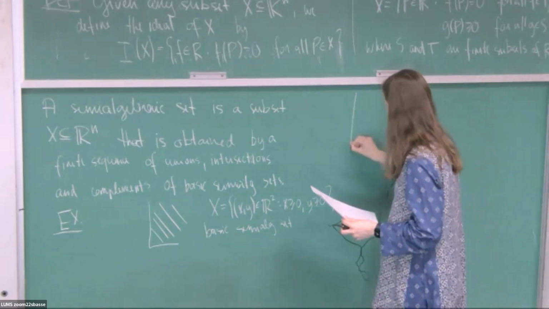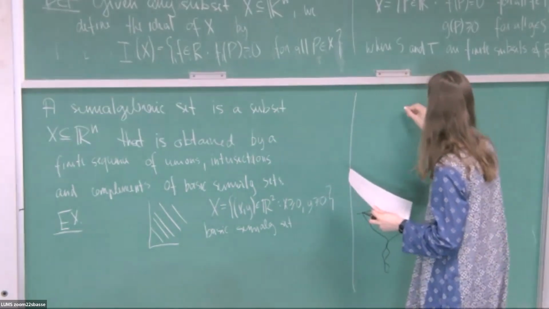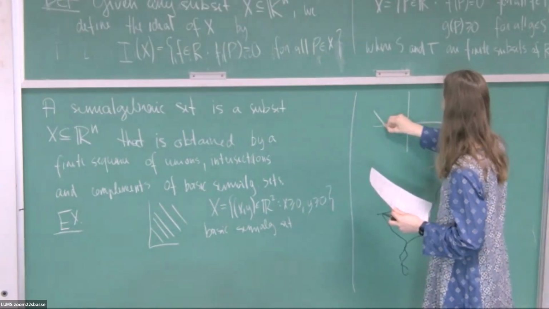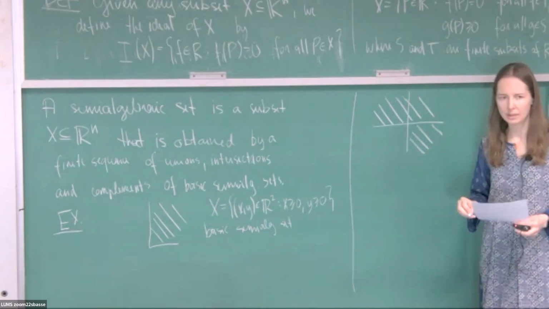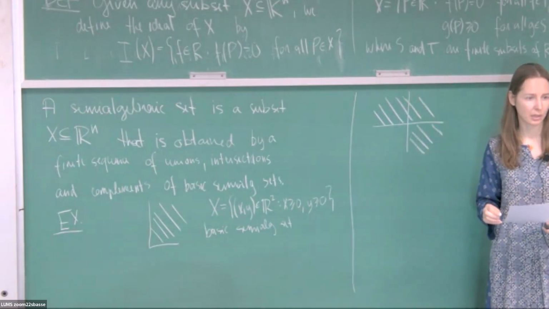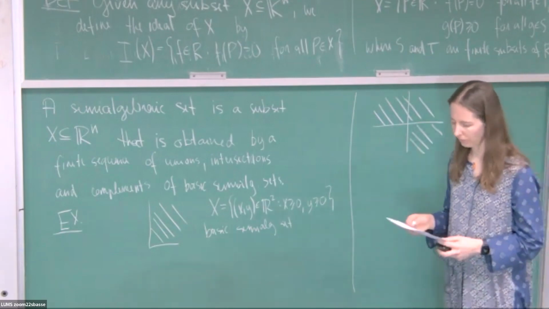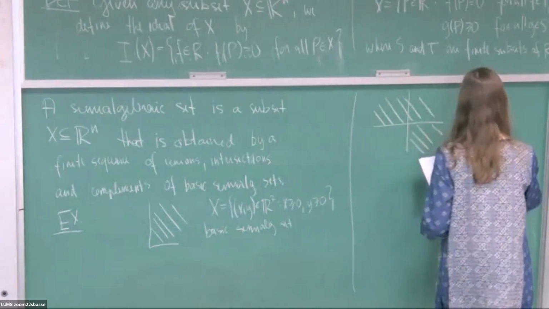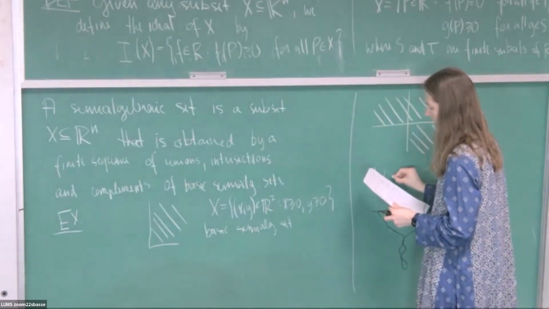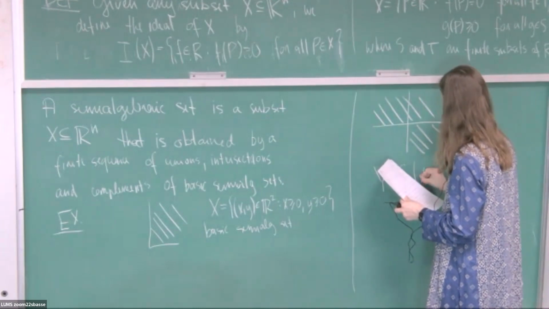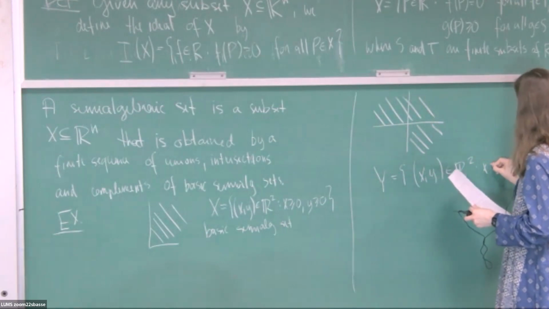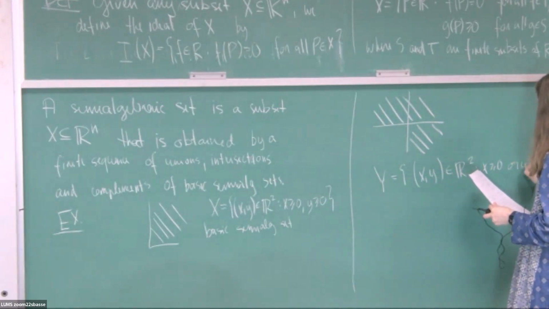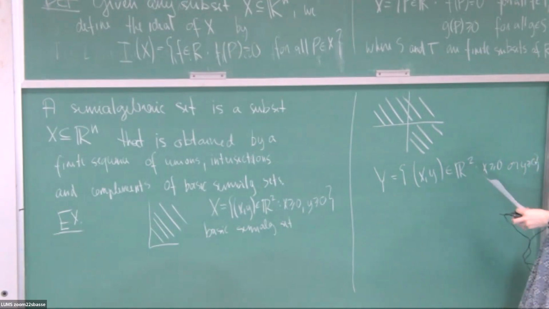And maybe more interesting, if you consider all but the negative orthant, this is a semi-algebraic set, but not a basic semi-algebraic set. Okay. So this is all the points (x, y). And usually it's not very easy to show that something is not basic semi-algebraic.